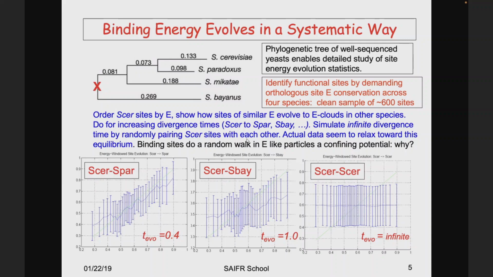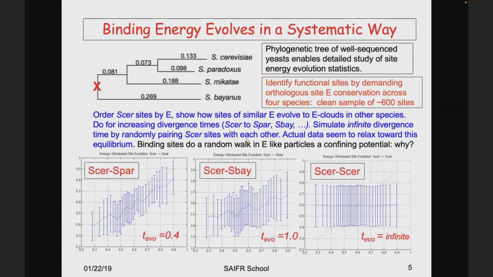Now let's see, how do we want to do this? Roughly speaking, let's take the primary species to be Serrapilheira. Let's say there are 400 binding sites, and we can arrange them by their predicted binding energy, and bin them.